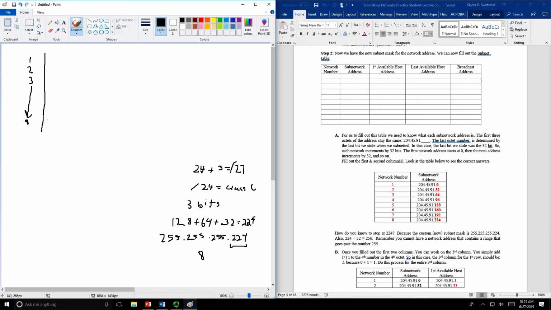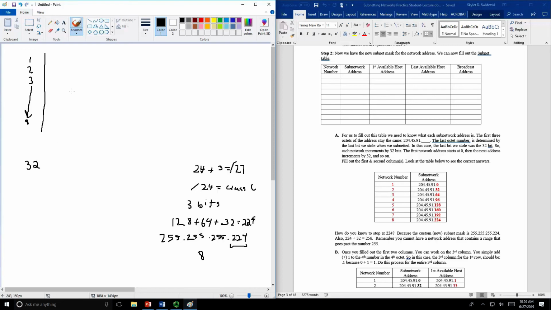Now, the next column is the actual subnetwork addresses. Because we took the 3 bits, we have to take a look at the last bit in order to determine what the subnetwork addresses are, how they increment, what their actual address number is. Since the last bit we took was 32, they'll be incrementing by 32.